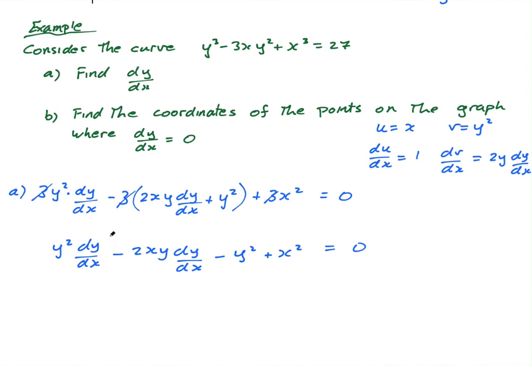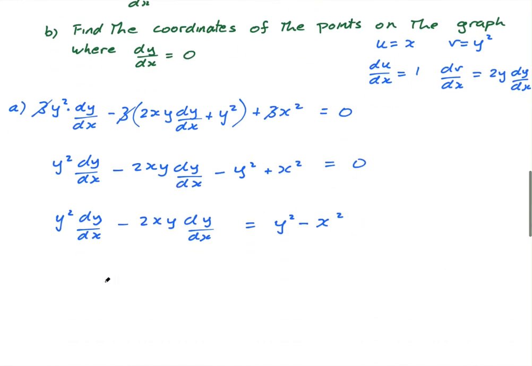Now the first question says find dy dx. How do I find dy dx? Well, the terms that have dy dx in them are the first two terms. So I'm going to leave them here. So it's y squared dy dx minus 2xy dy dx equals, I'm going to add y squared to both sides. So y squared on the right, and I'm going to subtract x squared.